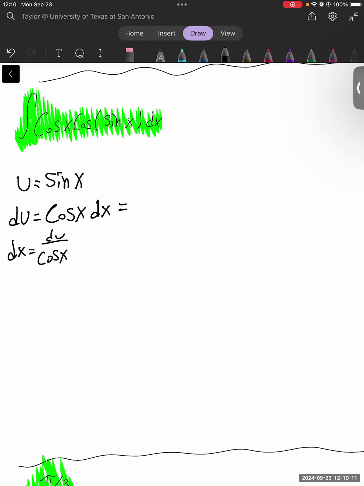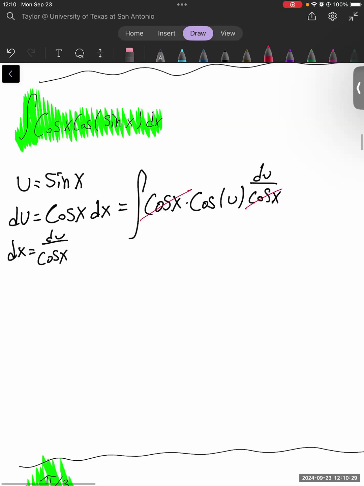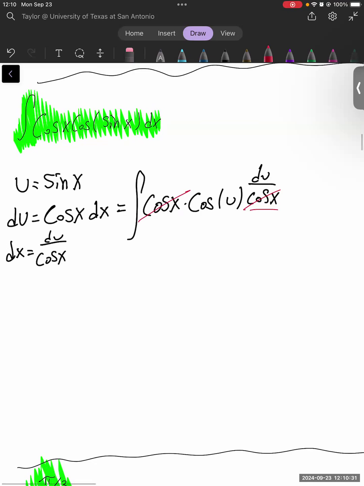Okay, rewriting our integral. We get cosine x times cosine of u. And then substituting in my dx term, I get du over cosine x. All right. So the next thing I can do here is I can go ahead and just cancel these cosines because we have a fraction. So this is technically in the denominator of our function.